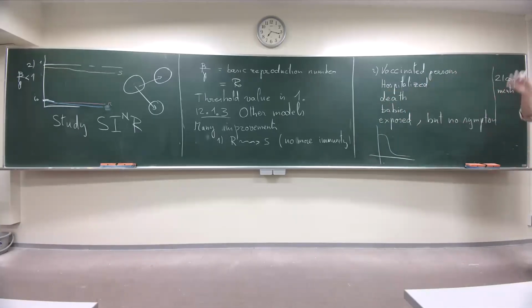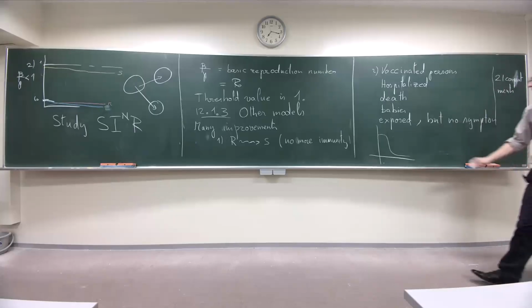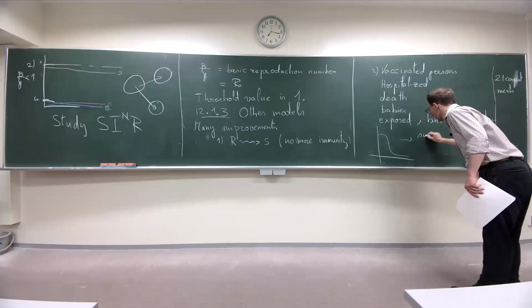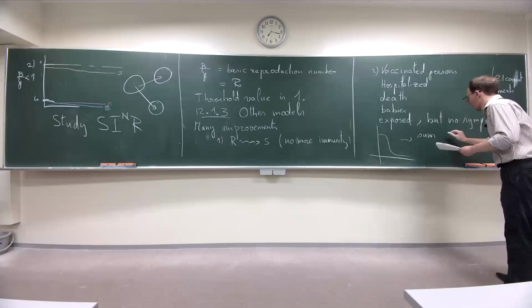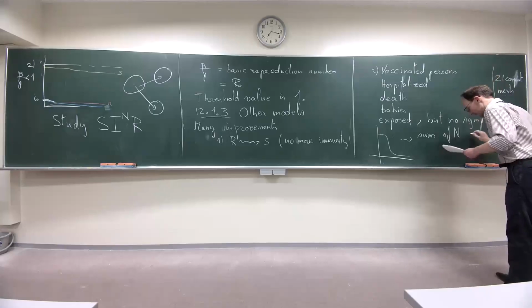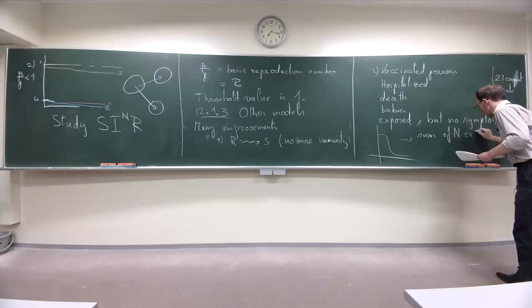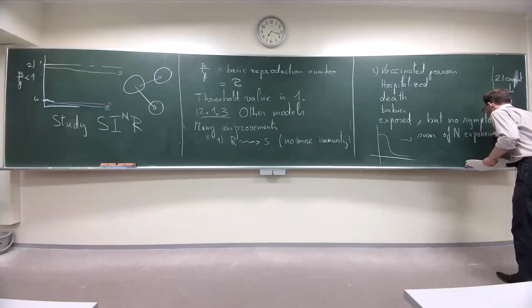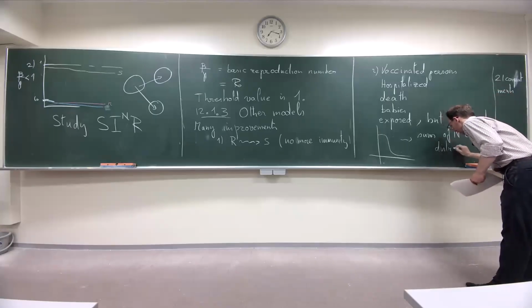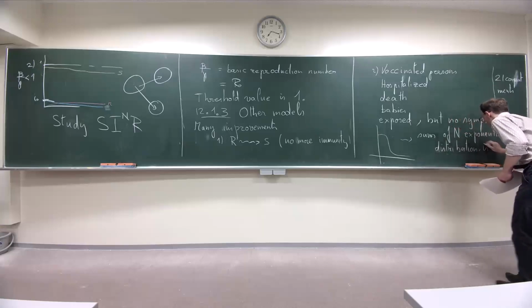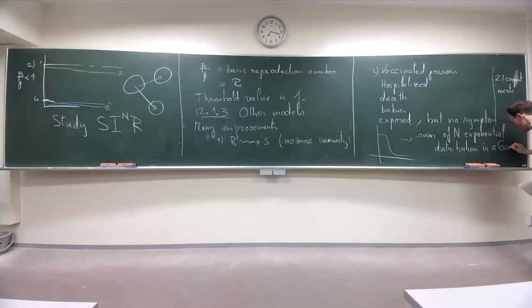If you put several compartments I, it turns out that the trick is the sum of n exponential distributions becomes, maybe you know, a gamma distribution.